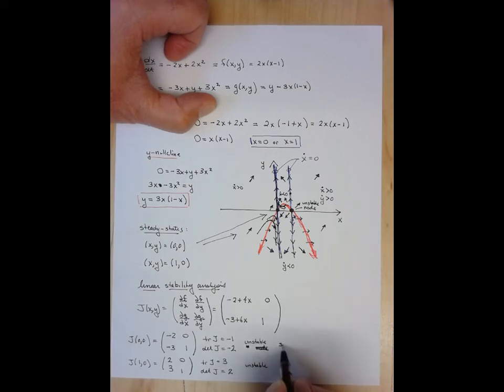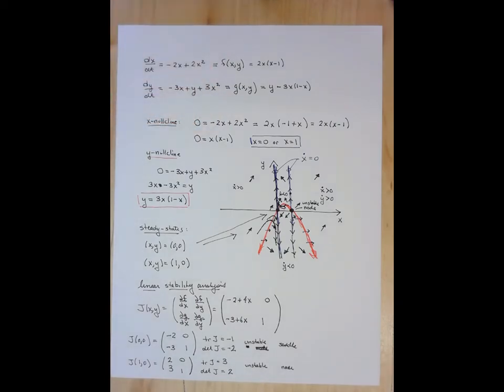So this is a saddle, and this is a node. And I can confirm this algebraically by considering the eigenvalues of the Jacobian matrix evaluated at these two equilibria.